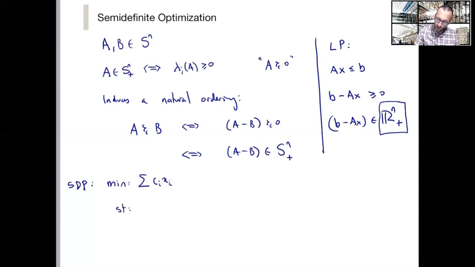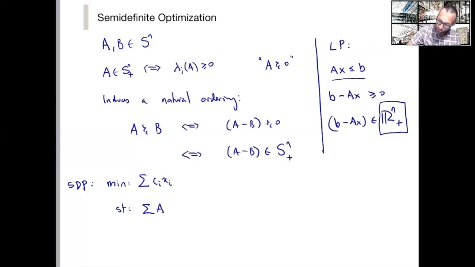Subject to, now I want to write something like Ax less than b, but I need to be a little bit more careful. And remember, Ax less than b is just a_i transpose x less than b_i. So this is what I want to mirror. Apologies, this is not exactly how I wanted to write it.